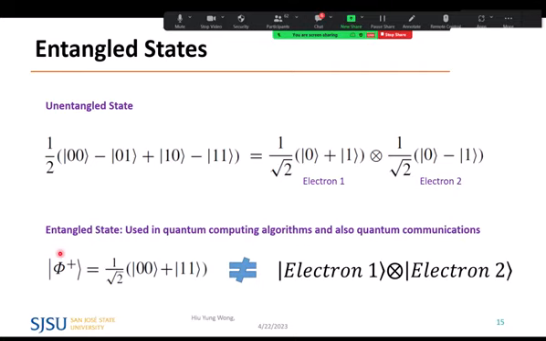Now, there are some states you can never factorize so that it becomes the tensor product of 2 systems. In order to describe this system, you cannot describe it from the subsystems. You need to describe it as a whole. This is called an entangled state. They are coupled. So this is a very important property in quantum computing.